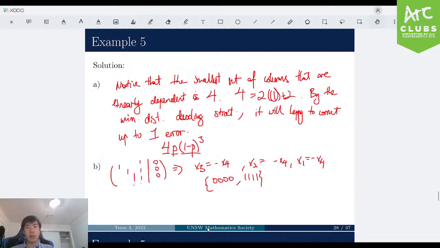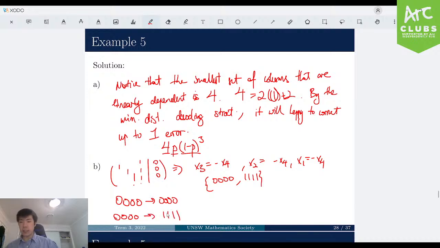Recall what we did when we looked at the binary repetition code. We saw that, for example, if you're willing to correct up to whatever number of errors, the only way no errors are detected would be if there are actually no errors, or if there are errors everywhere.